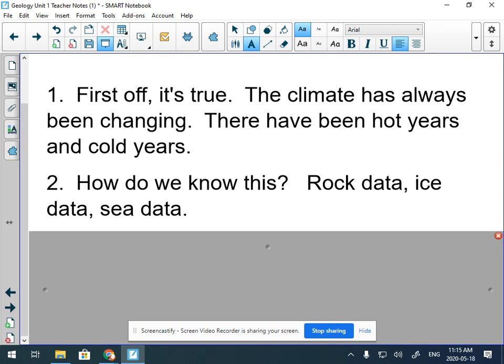We have vegetation that's left behind that is fossilized, that could only have grown during certain temperatures. We have rocks that have been left in random places by ice expansion during very cold phases. Also, we have data from the sea, which the lower down you go, it's like a time machine. We get data from very, very deep in the ocean. So there's a whole bunch of data there.